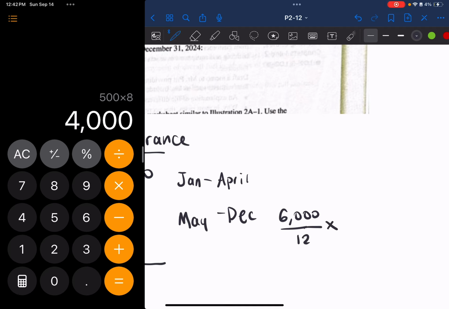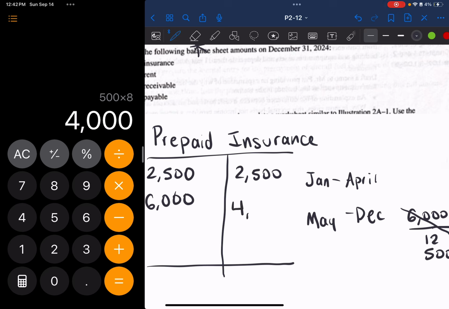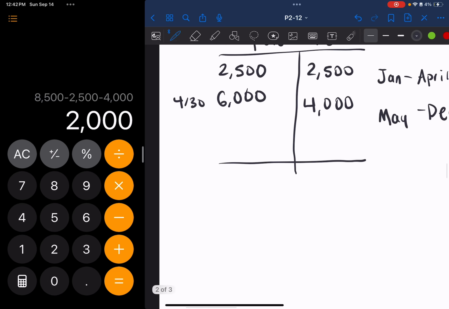So times 8 months gives you the rate of $4,000 that was used up during the year. So then this is everything we need to get the ending balance. So you can add all the debits and then subtract the credits, which is what I usually do. Or else you can go in order of when the transactions occurred. So the ending balance for prepaid insurance will be $2,000.